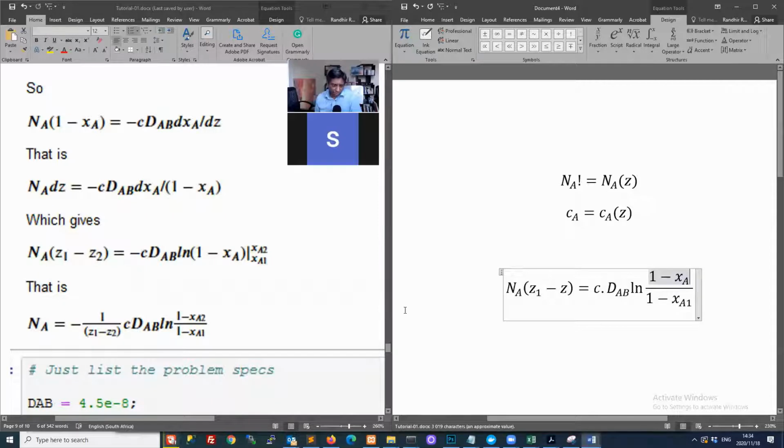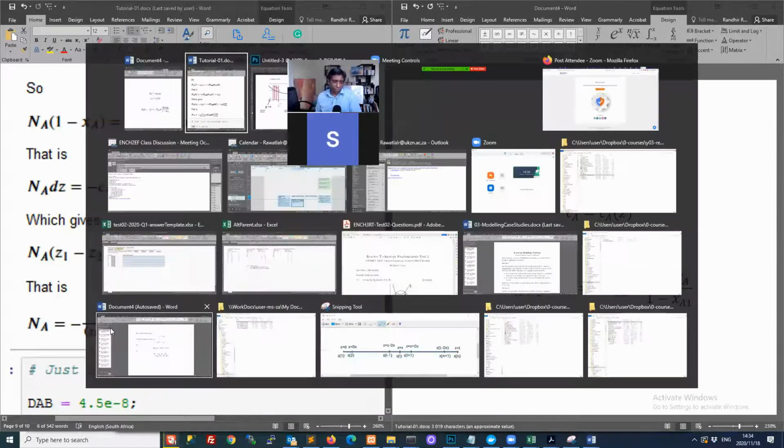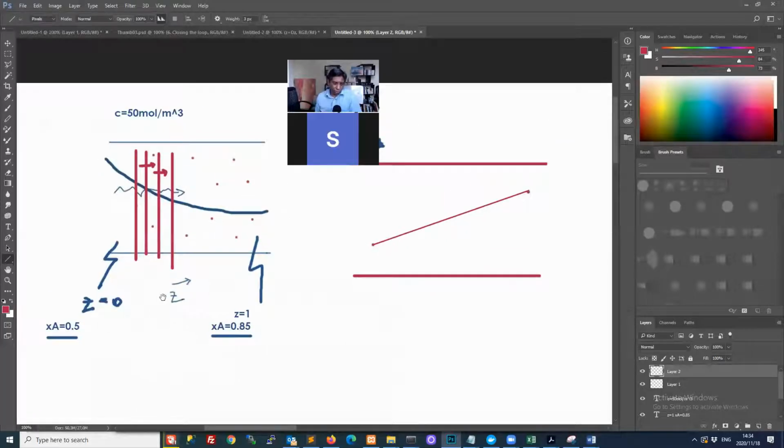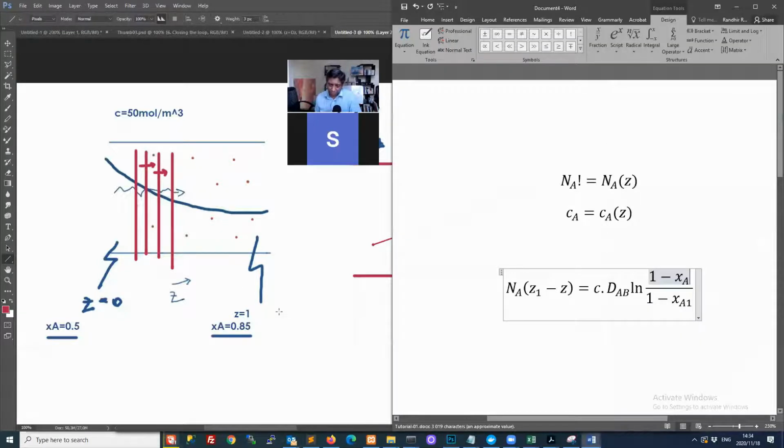So now if we apply specifically the 2 points that we know, because we were told what the concentrations were at these 2 points. Normally if you have the initial point and then you let Z vary, then we get the value as a function of Z. But in this case, we are simply given the 2 numbers.